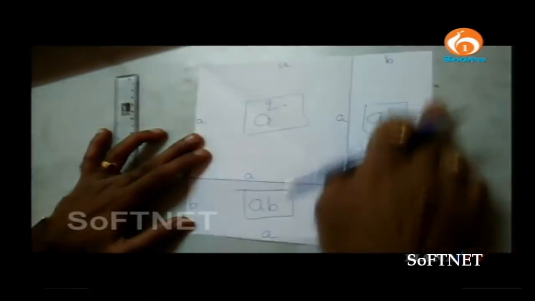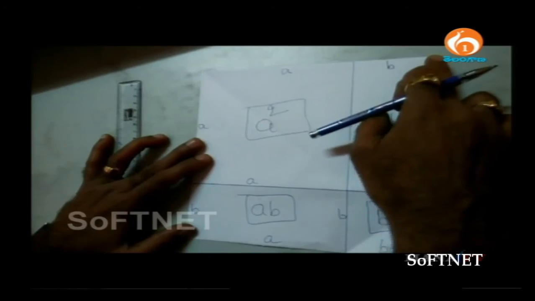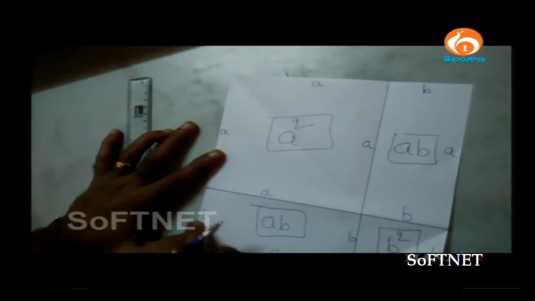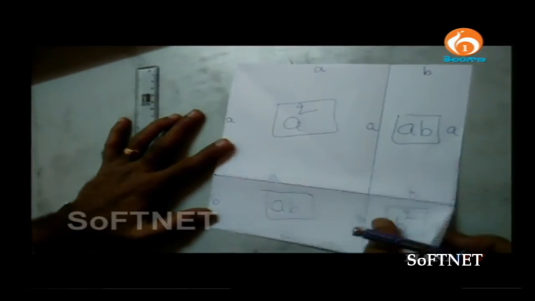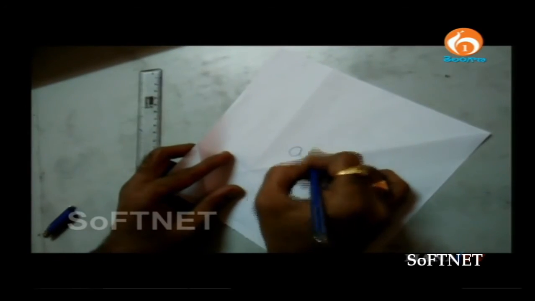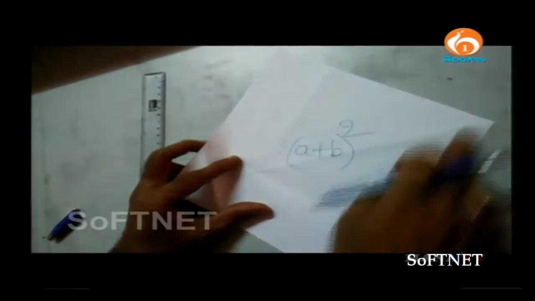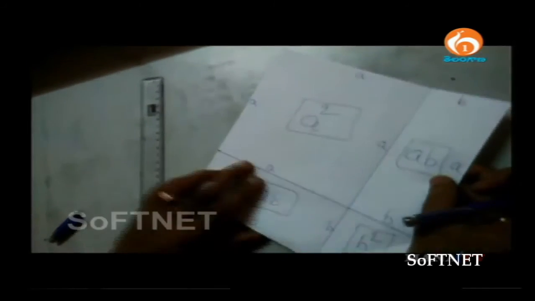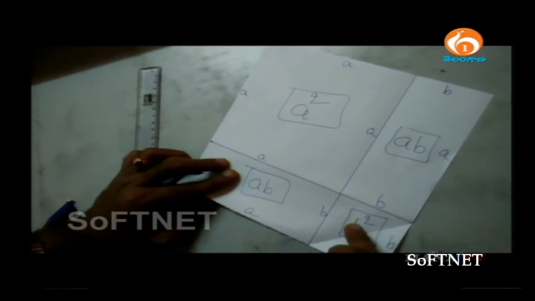Now if we observe this sheet, this is A, this is B, so total length is A plus B. Likewise here this is A, this is B, so total length is A plus B. So this is a square of side A plus B. So its area is (A plus B) into (A plus B), that is (A plus B) whole square. We can observe that the area of this total square, that is (A plus B) whole square, is equal to A square plus 2AB plus B square.